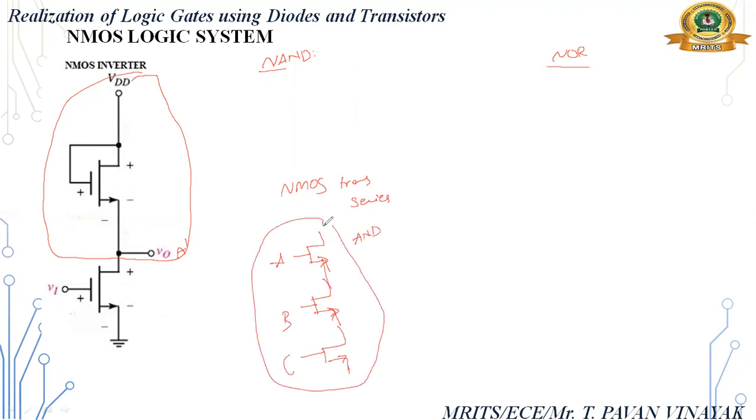So what we get is ABC. And if you use a pull-down transistor here, the output is ABC whole bar. Whenever the transistors are in parallel, we call it OR, in NMOS.